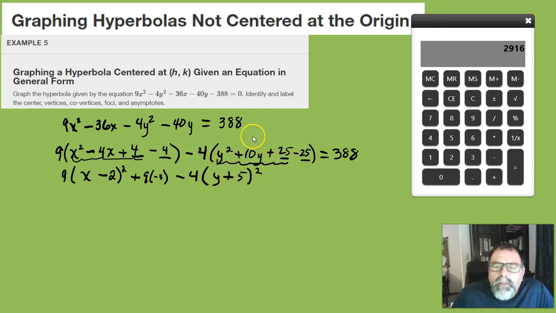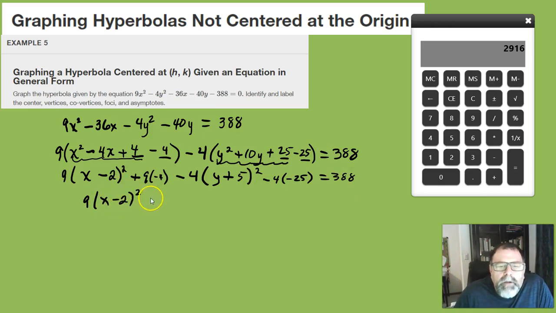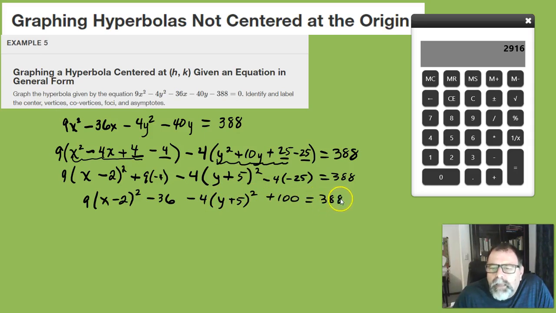So -4 times the square. -4 times -25, which is 100, but I'll just write this down for now. Okay, so then I get 9 times (x minus 2) squared minus 36, minus 4 times (y plus 5) squared plus 100 equals 388.